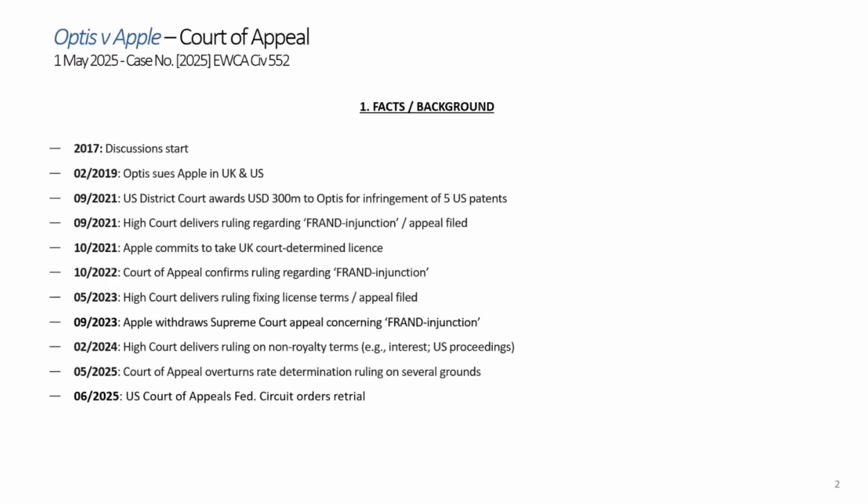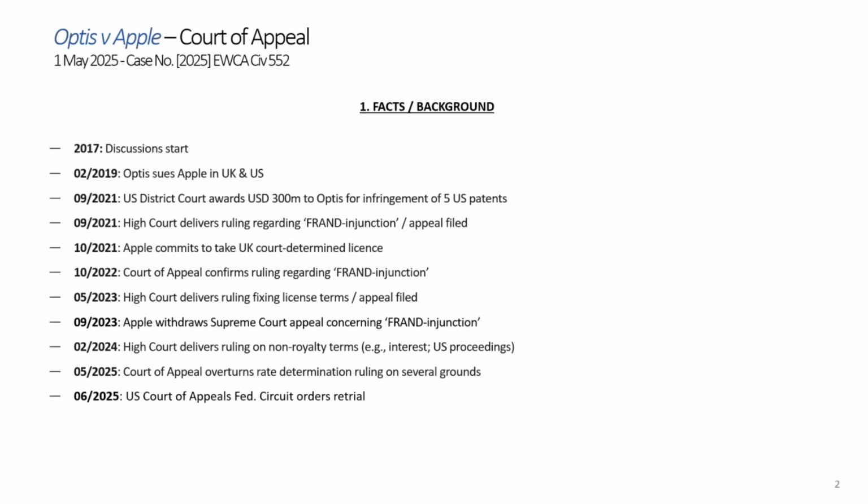As was common at that time in the UK, the court started with technical trials, meaning looking at the infringement and the validity of the patents that Optis had asserted in the UK, and then turned to the issue of a FRAND injunction, whether an injunction was to be granted or not, and then turned to the issue of the actual FRAND determination, so determining the actual FRAND terms and conditions.